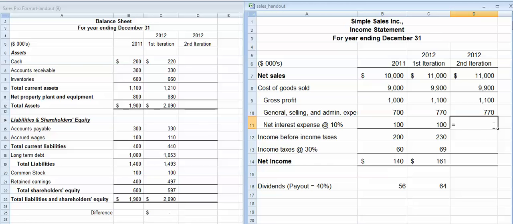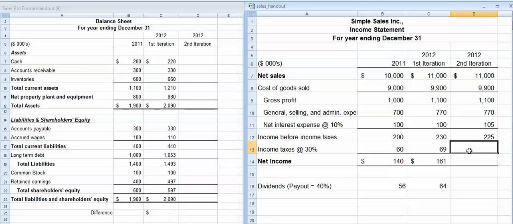And right now we have $1,053 for long-term debt. So 10% times $1,053 means we will have interest expense of $105. Our income before taxes then will be our gross profit minus our selling and admin minus our interest expense.